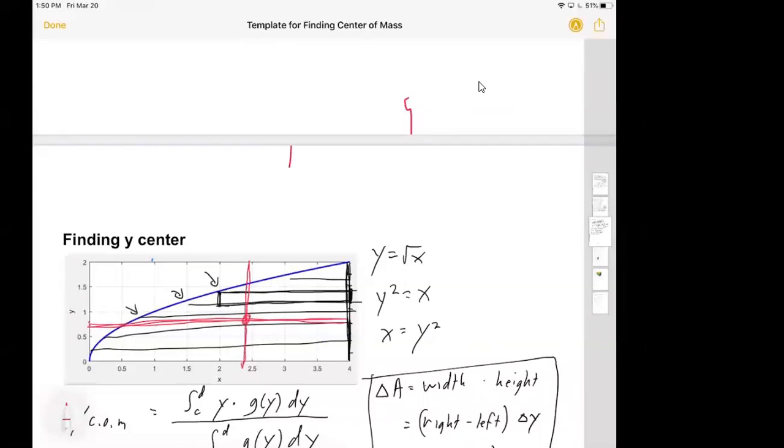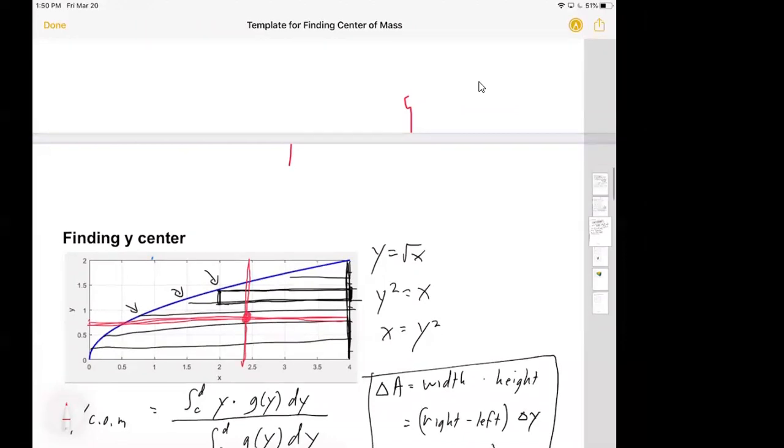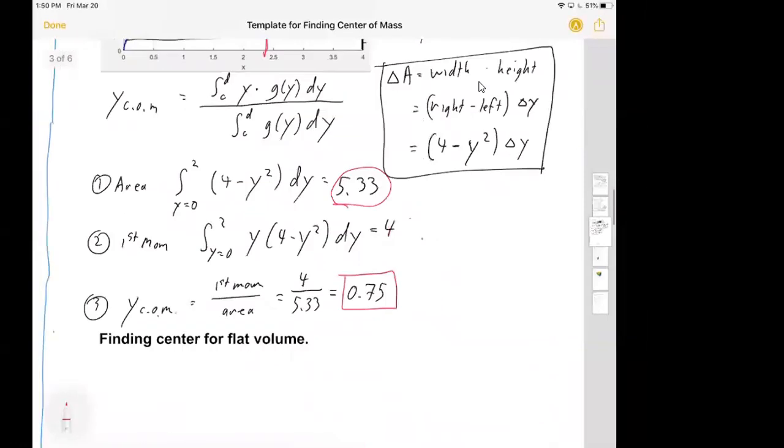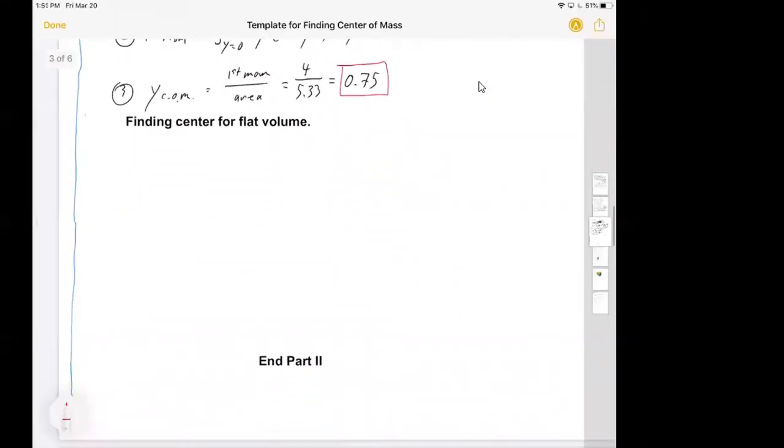So the center of mass of this area is right where I put the dot. And so that would be the entire balancing point of the object. So if we were sliding this area, if we cut it out of cardboard and we're sliding it around on a table, as long as that dot is on the table, it'll stay on the table. If the dot goes over the edge, the whole object will fall off. So that's how we find the y center of mass.